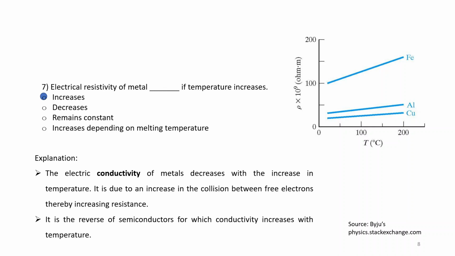So in case of semiconductors, what happens? More electrons are excited in the conduction band if you provide higher temperature. While in case of metals, what happens? They already have free electrons. So the collision of these free electrons increases with increasing temperature, leading to a decrease in the conductivity.